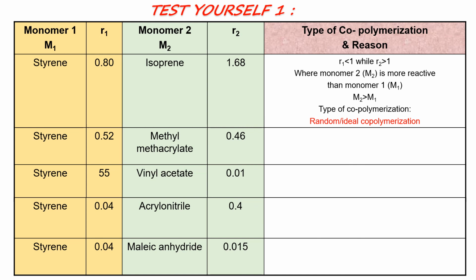So for monomer 1, the reactivity is less than 1, meanwhile the reactivity for monomer 2 is greater than 1. So the type of copolymer produced is a random or ideal copolymerization because monomer 2 is more reactive than monomer 1.